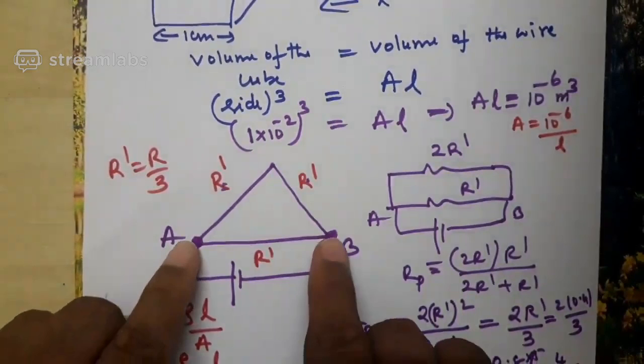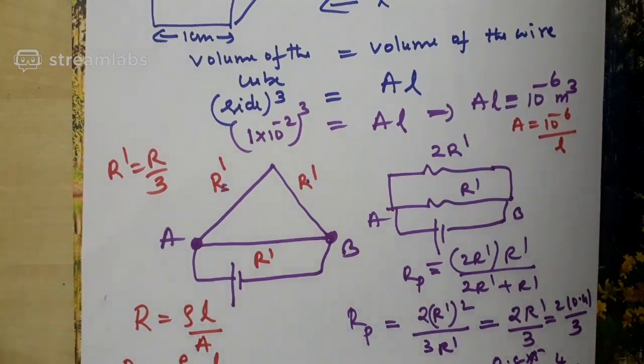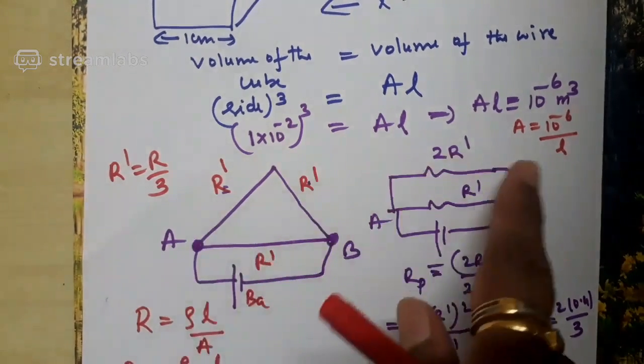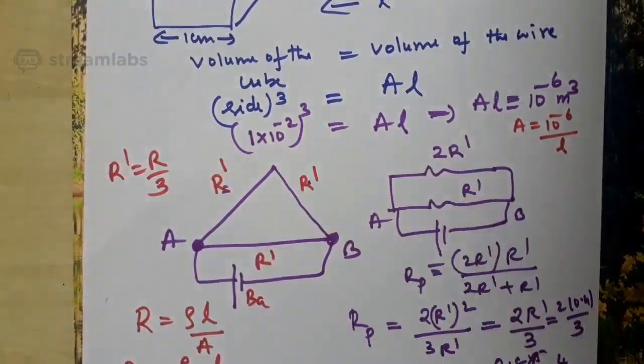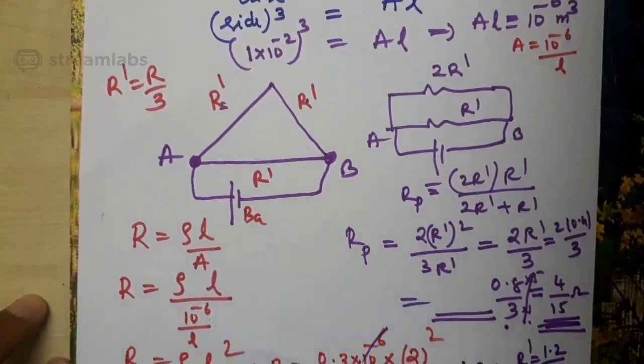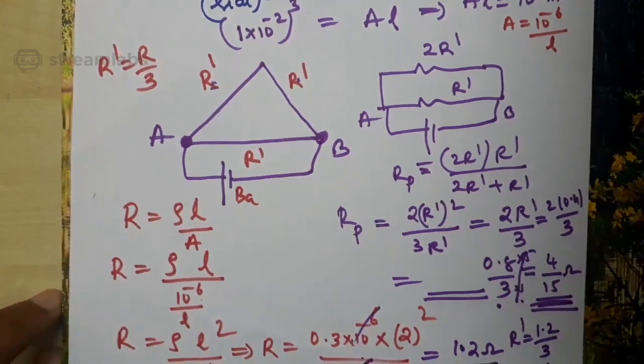You are asked to find out effective resistance across any 2 vertices. This is a battery. R dash are in series, 2R dash. The 2R dash is in parallel with R dash. RP is 2R dash into R dash by 2R dash plus R dash.